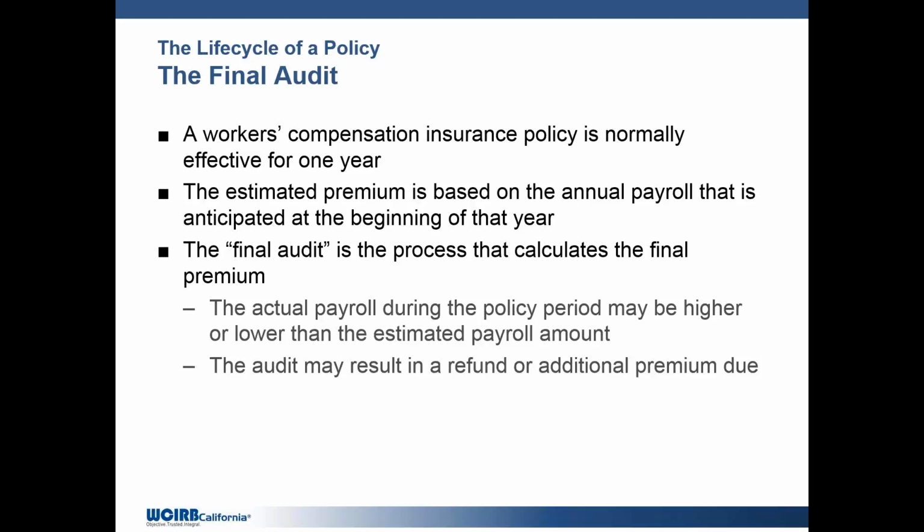Your policyholder tells you, here's how much payroll I think I'm going to pay this year, and from that the insurance company can figure out what the premium will be for the year. Because it's an estimate, the employer may have overestimated the payroll, and in the end they may get a return.